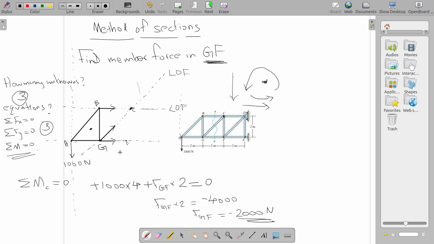So in that case, you will probably need multiple equations. You can use one moment equation and one force equilibrium equation. If you are being asked to calculate GC, you will not get the answer in a single step; you will have to do multiple steps. So this is the basic idea here.